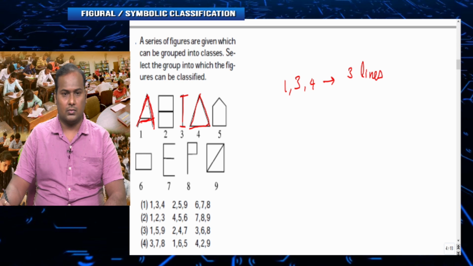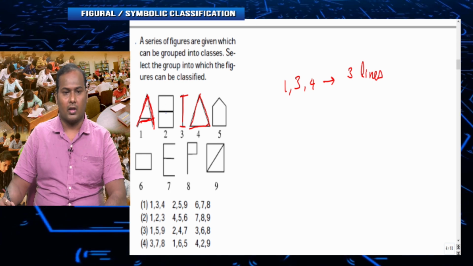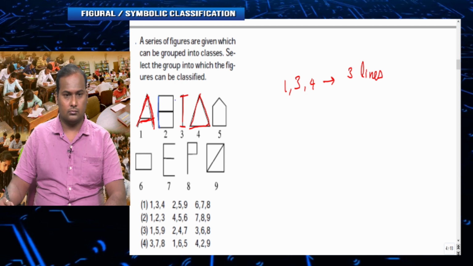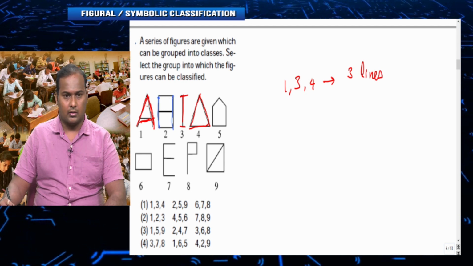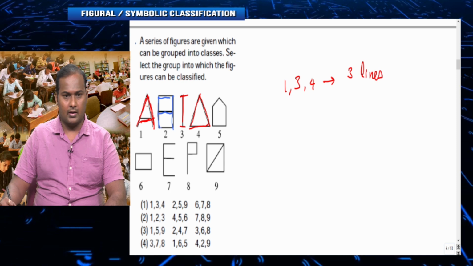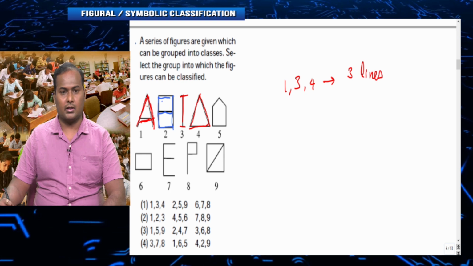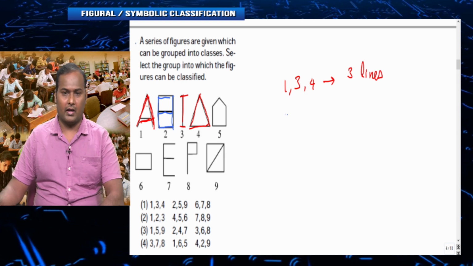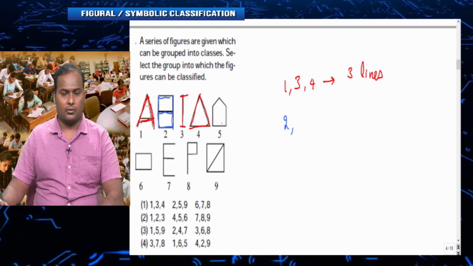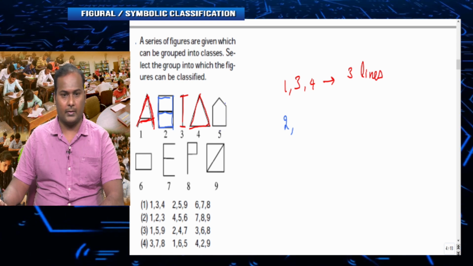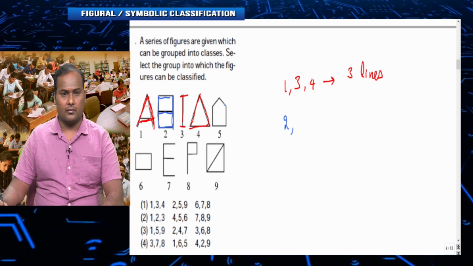Now see the second figure. How many lines are there in total? 1, 2, 3, 4 and 5. Total 5 lines. So check other figures where you can see 5 lines. Now figure 5 is 1, 2, 3, 4, 5. Here also I can see 5 lines.